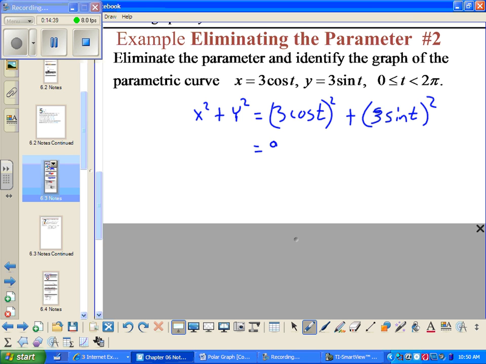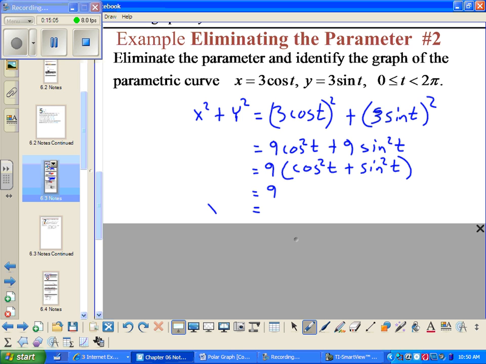I'll get 9 cosine squared t plus 9 sine squared t. Well, if I factor out a 9, I have cosine squared t plus sine squared t. What do you know about cosine squared t plus sine squared t? Well, you know it equals 1, which shows we have the equation of a circle with a radius of 3.